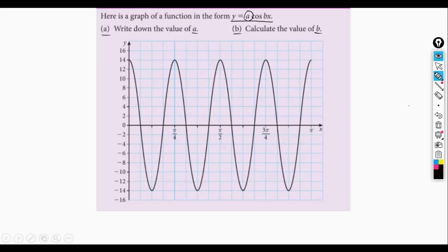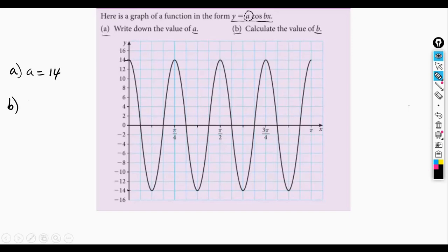And this is a cosine function, which normally has an amplitude of 1. We can obviously see that this one has an amplitude of 14. You can see that here and here. So a equals 14. Now the case for b is a little bit more complicated because b affects the period.